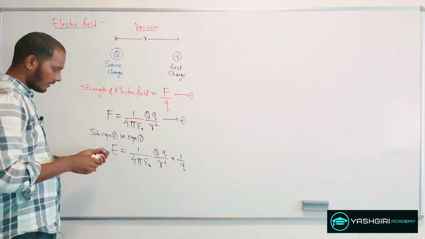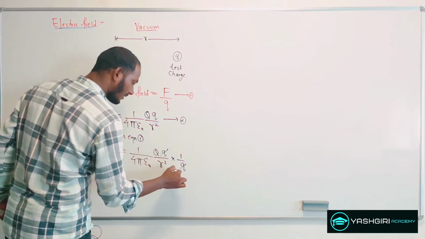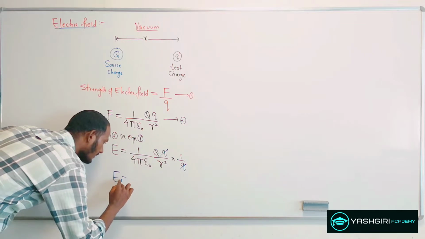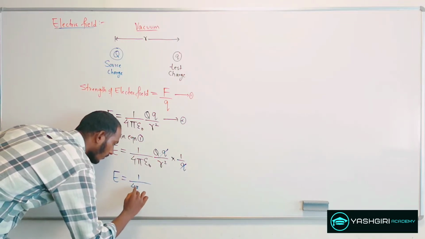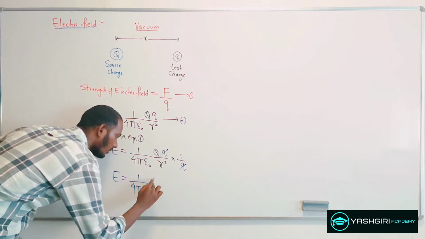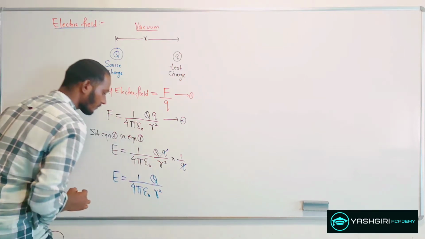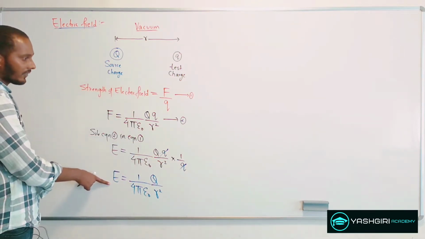And here the q and q will get cancelled. So what you are left with is the electric field is equal to 1 upon 4 pi epsilon naught into the source charge Q by the r square. So that's the expression for electric field.